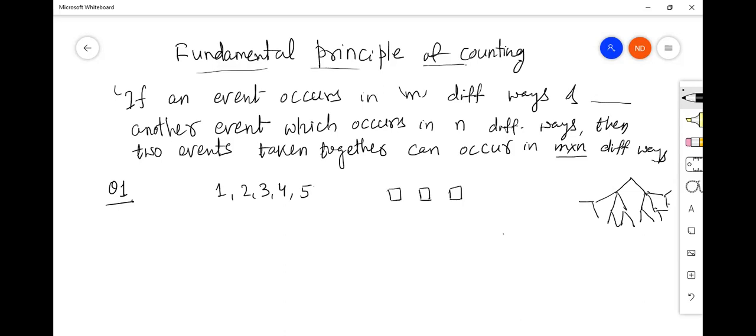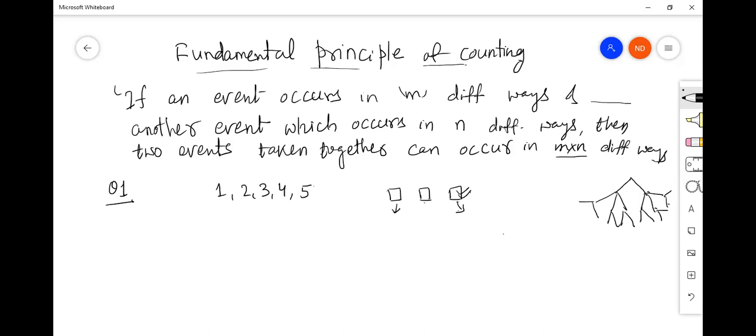So for three-digit numbers, you have units place, tens place, hundreds place. You can start either from the right side or the left side. For the first place, this place can be filled by any one of the five digits, either 1 or 2 or 3 or 4 or 5.